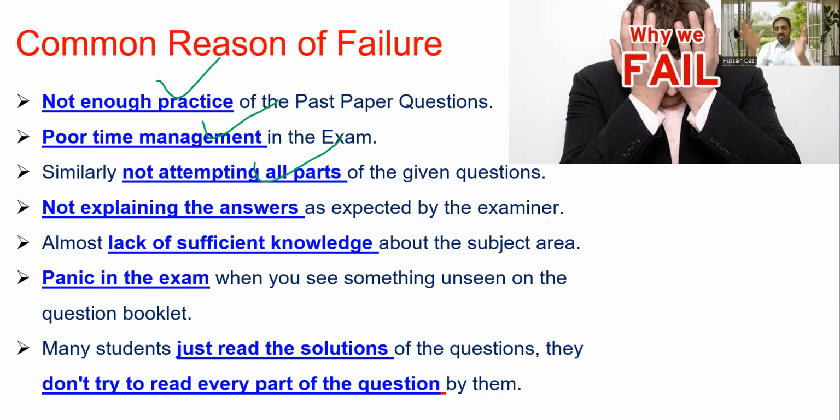For example, in Section C CRQ, if it says calculate NPV and comment on your result, and you just calculate NPV, you haven't performed 100%, because you have to calculate the NPV and comment. So read the question carefully and answer accordingly.